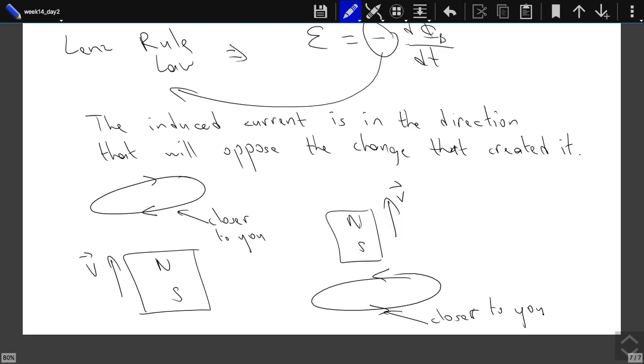Then it enters my ring. It starts to move away from my ring. Then the induced currents will be in the opposite direction. If you put some lamp, let's say, on your ring, you will see that it starts to light. As the magnet is approaching at constant velocity, it's very dim initially because it's very far away.